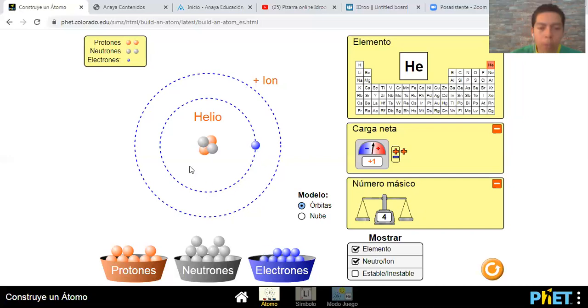So I'm going to put back the electron and remove one proton. And if you see now, the mass number or atomic mass changes, right?